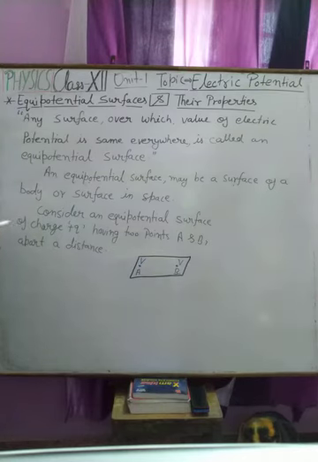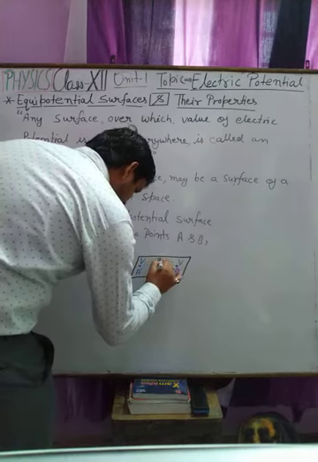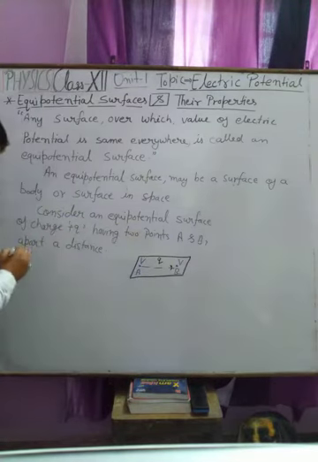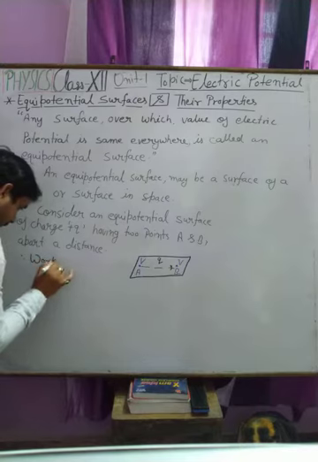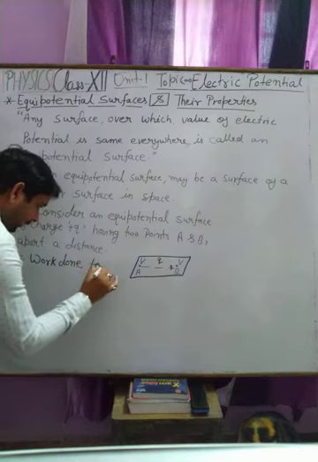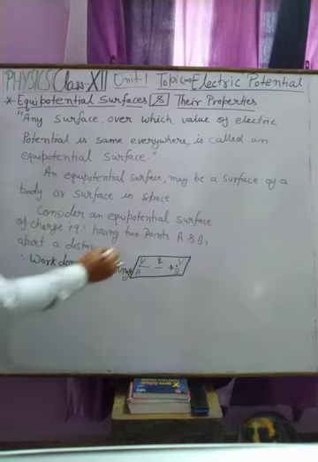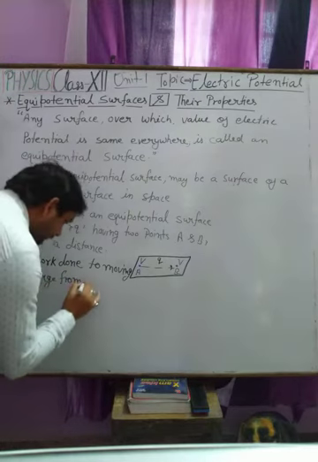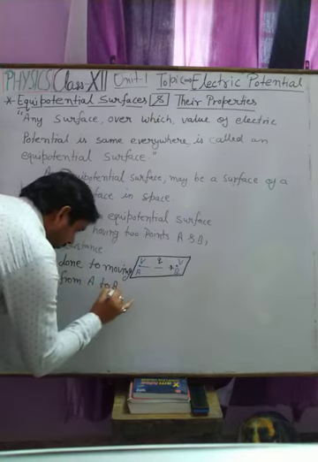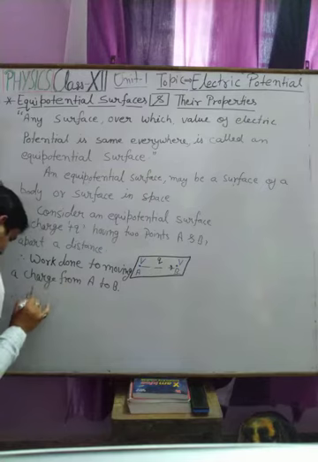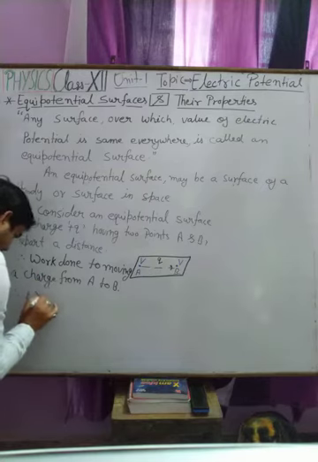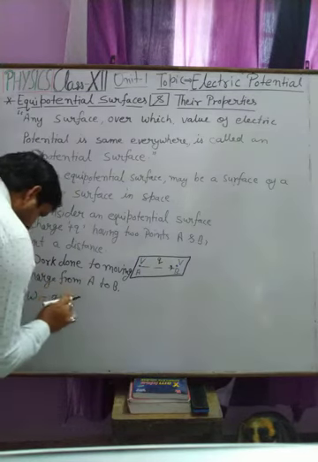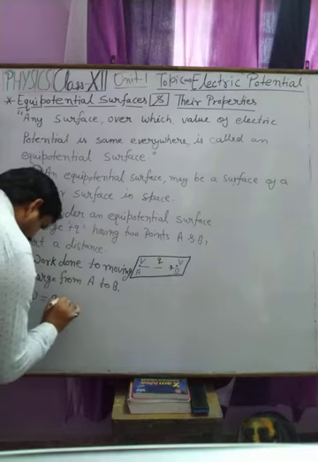Therefore, the work done to move a charge q from A to B is W equal to qV as per the potential definition, that is q dV.